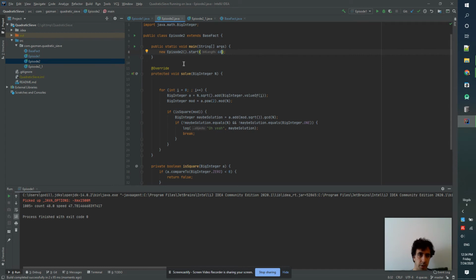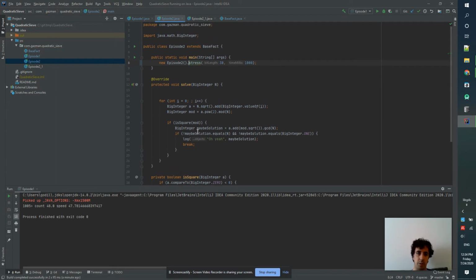So for the optimization where the numbers are closer to the root, and we're using congruence of squares, let's see. All right, so it's much faster.